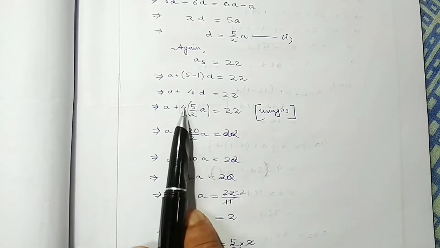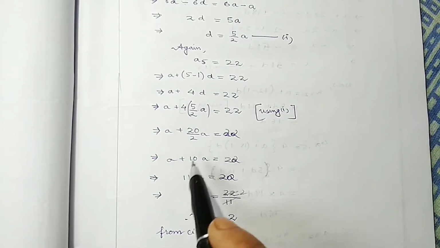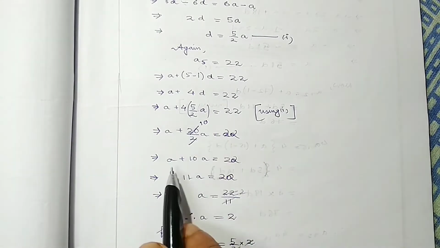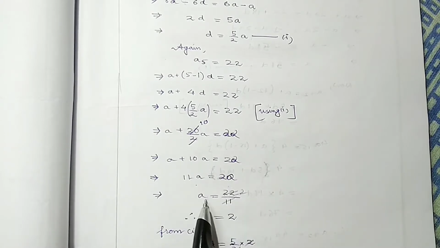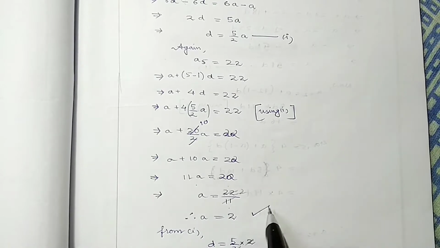So A plus 4 into 5 by 2 A equals 22. 4 times 5 is 20 by 2 A; the 2 and 20 can be cancelled, and we got 10. So A plus 10A is 22, 11A equals 22. A will be 22 by 11, that means 2. We got A equals 2.